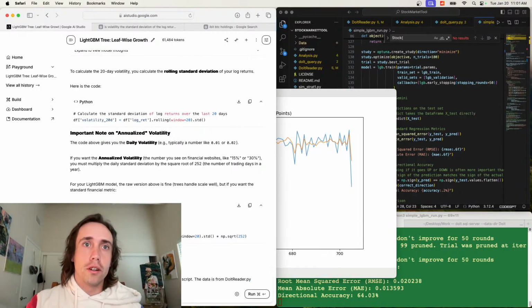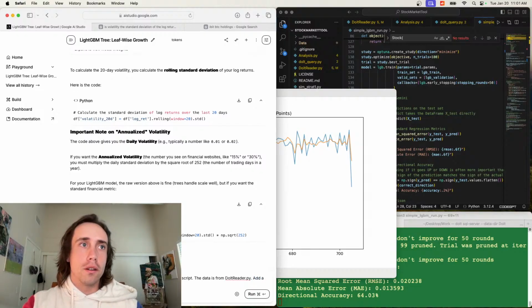The data is from doltreader.py. Add a plot to the model script, which shows the performance of the model during the test data.